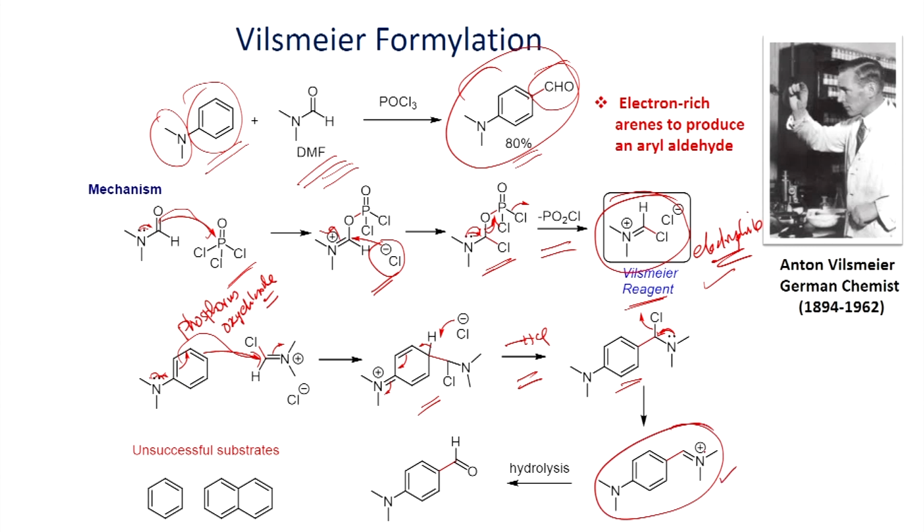Once you form this, when you do the hydrolysis with water, you will be able to form the corresponding aldehyde as the product. So, in the case of the Vilsmeier reaction, if you have an electron donating group, the reaction is facilitated. For example, in this case you have the dimethylamino substituent, which leads the formylation to give this para substituted aldehyde in 80% yield.